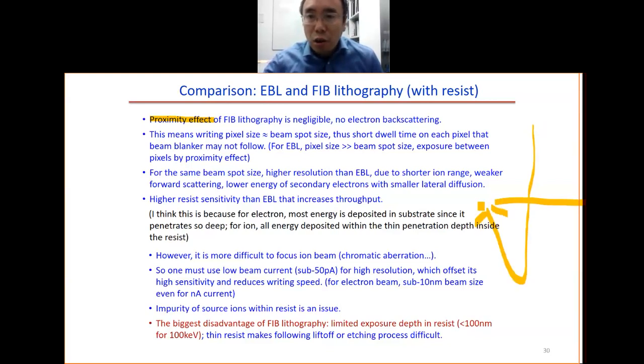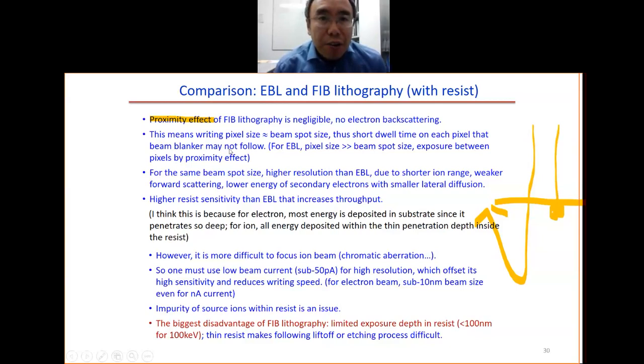You can see that even very far away, maybe 10 micrometers from here, the resist can be exposed. This is a very large proximity effect. But with the ion beam, ions come in and stay here. It's very localized. It does not go far away. Only this small area gets exposed. So we have a much smaller proximity effect.